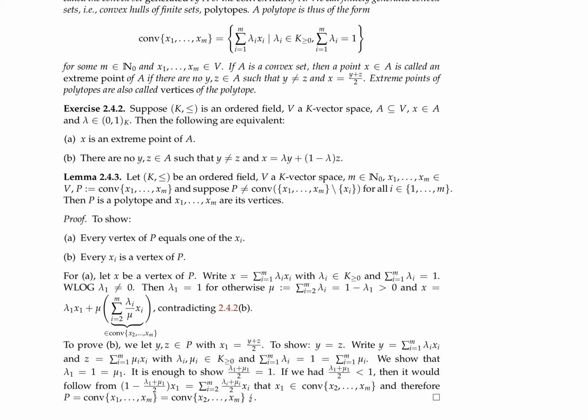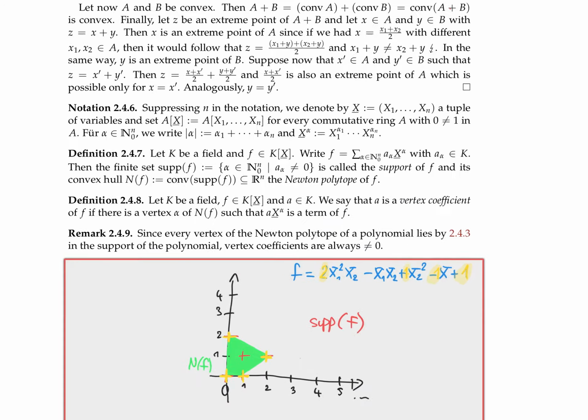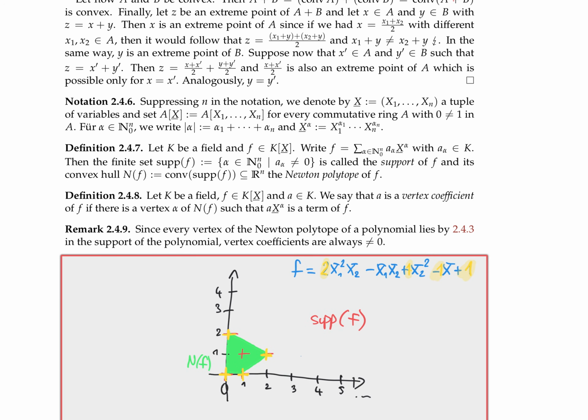I just keep deleting some of these until there is no redundancy anymore. Then the remaining ones are exactly the vertices of the Newton polytope. So the vertices of the Newton polytope are actually elements in the support. That's not very surprising, but you really have to prove a little thing, and it follows from this Lemma 2.4.3.